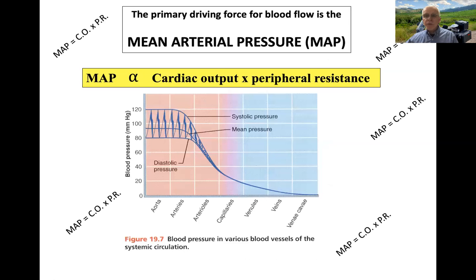All right, one last thing. I said that the heart provides this driving pressure, this mean arterial pressure, okay? Using a similar cartoon, this shows blood pressure starting in the aorta. Here are those systolic, diastolic pressure waves.